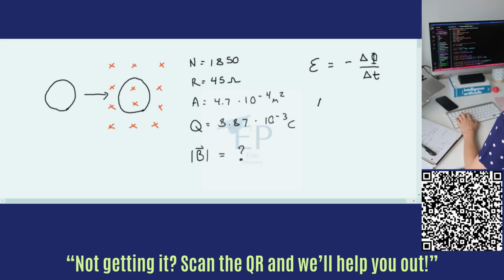And the change in flux in this situation is just going to be the final flux minus the initial flux.